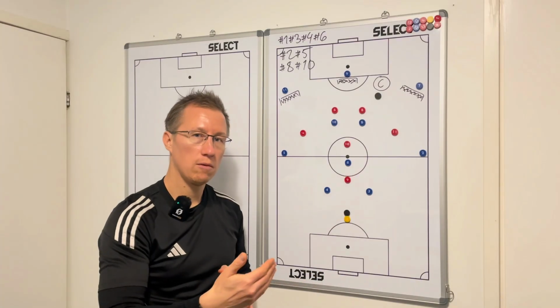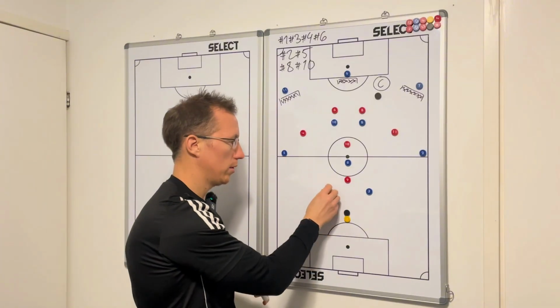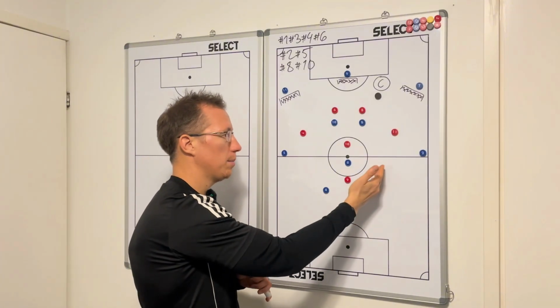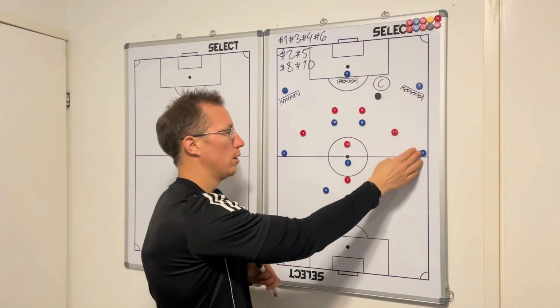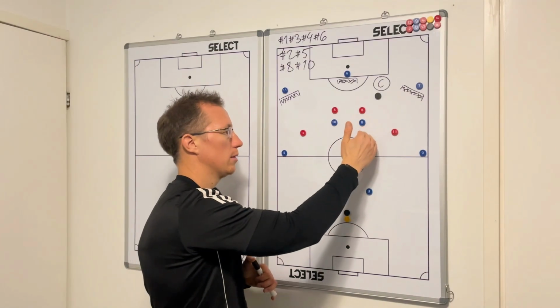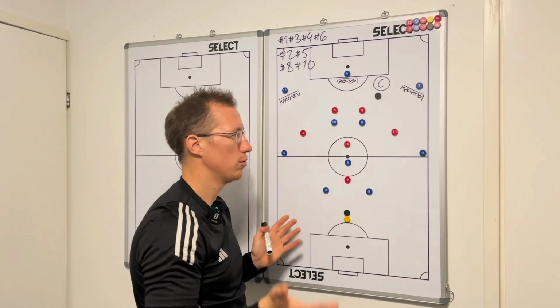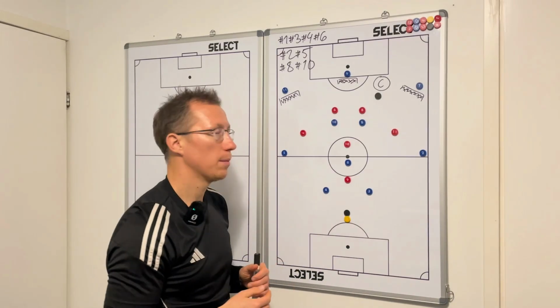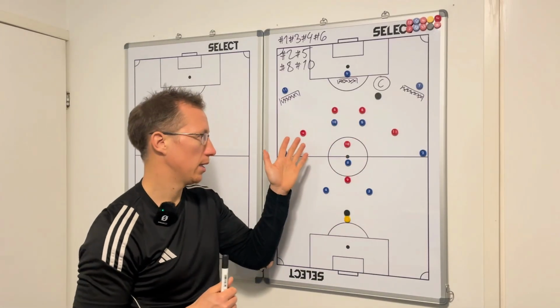What we want here from our blue players is that the goalkeeper and the 3 blue players are building up, and they are trying to progress the ball to one of the 4 blue players in the other half of the pitch. We have 2 fullbacks who have pushed up, numbers 2 and 5, and then 2 attacking midfielders, number 8 and number 10.